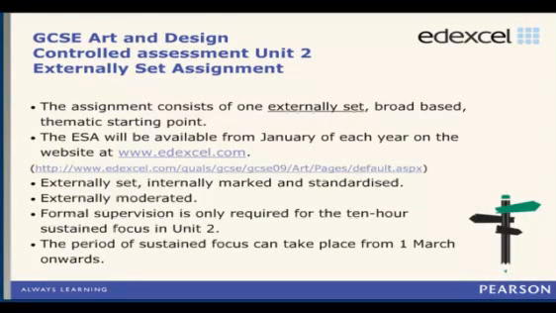The ESA, externally set assignment, this is the second unit, 40% of the marks, as I mentioned a few moments ago. The theme for this is externally set, and it's a broad-based thematic starting point. And the ESA is available to centres in the January of each year, available on the website, and there's a link there that will take you to ESA papers on the web.